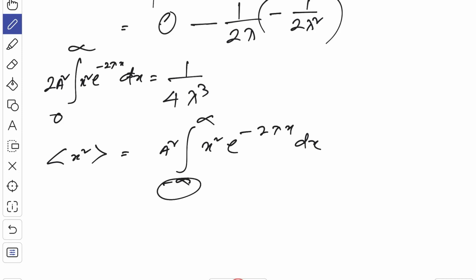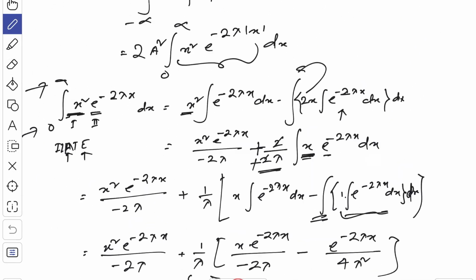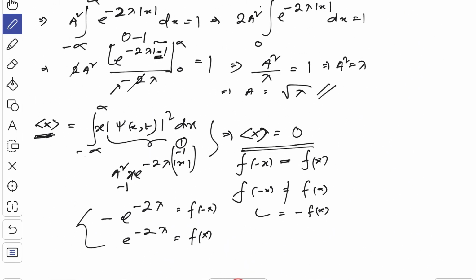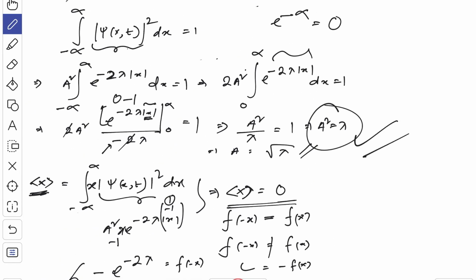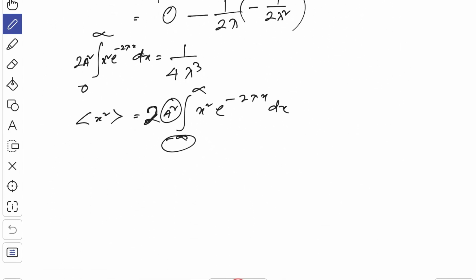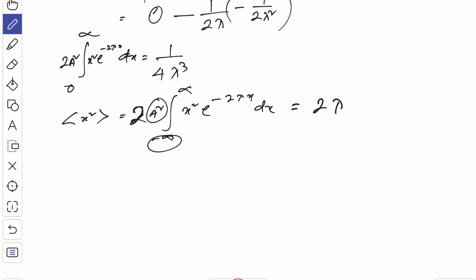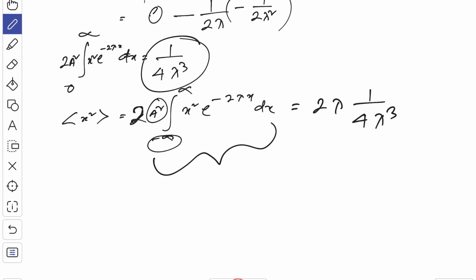So we have made it 0 to infinity, then here 2 should be there, and we have already found the value of a square, which is lambda. Now use this lambda here, and this value of the integration, 1 by 4 lambda cube, then what you're going to have is 1 by 2 lambda square.